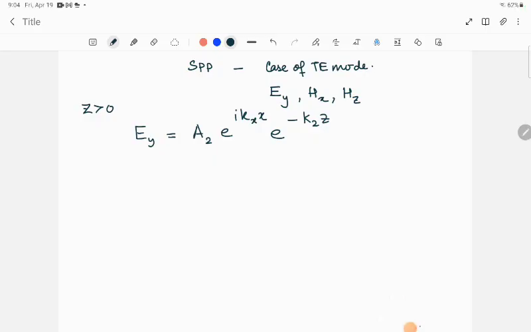Okay, and so once we use the other equations from Maxwell's relations that we have, we will also get Hz equal to A2 kx by omega mu naught, exponential i kx x, exponential minus k2 z. The k2 z, remember, is the evanescent field that we had, and the Hx will turn out the same way as we had solved for the TM mode.